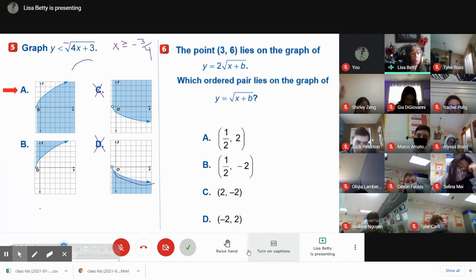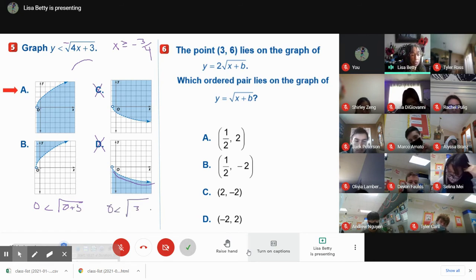If we plug in the point 0, 0, we can do that. 0, 0 is different on both graphs. So I've got 0 is less than the square root of 0 plus 3. So is 0 less than the square root of 3? It is. That is true. So 0 does get shaded, and the answer has to be A.